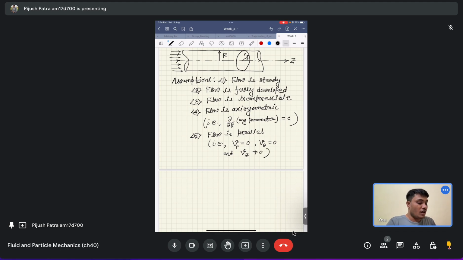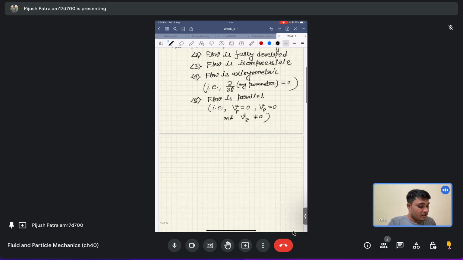That means you have only flow parallel to the z axis. That's what I'm trying to say. Number six is that there is no body force acting in the z direction, or no body force in the problem.